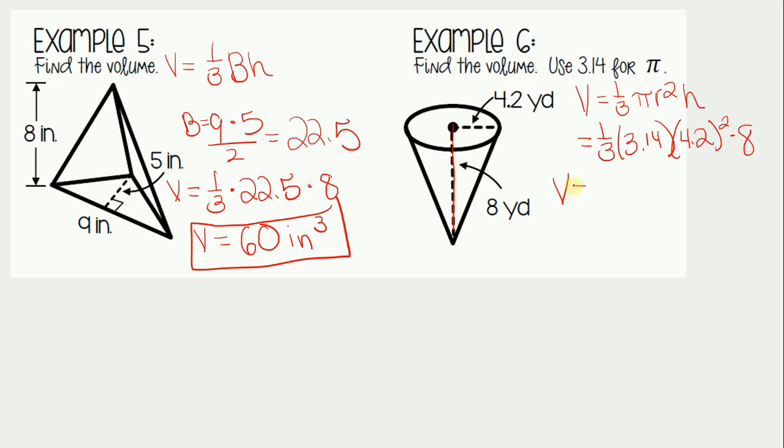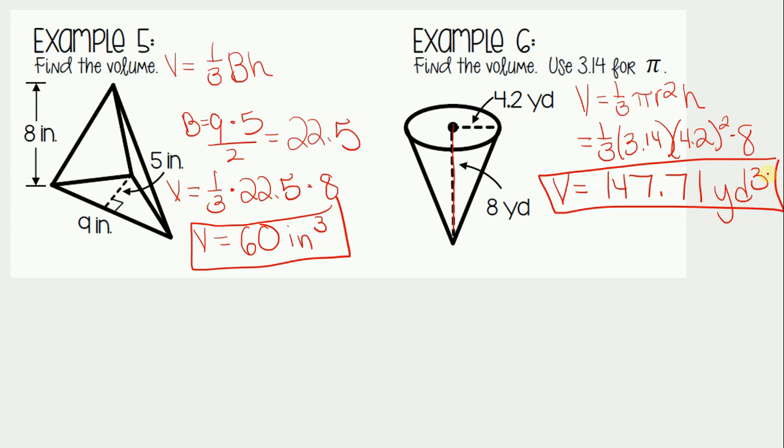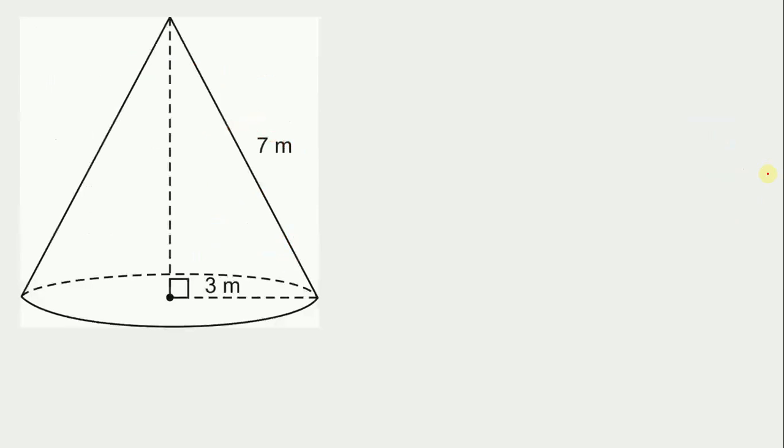So my volume in this case is 147.71 yards cubed. All right, let's take a look at a last problem. This is not on your foldable, however, this is going to be a different kind of problem than the one on your foldable.